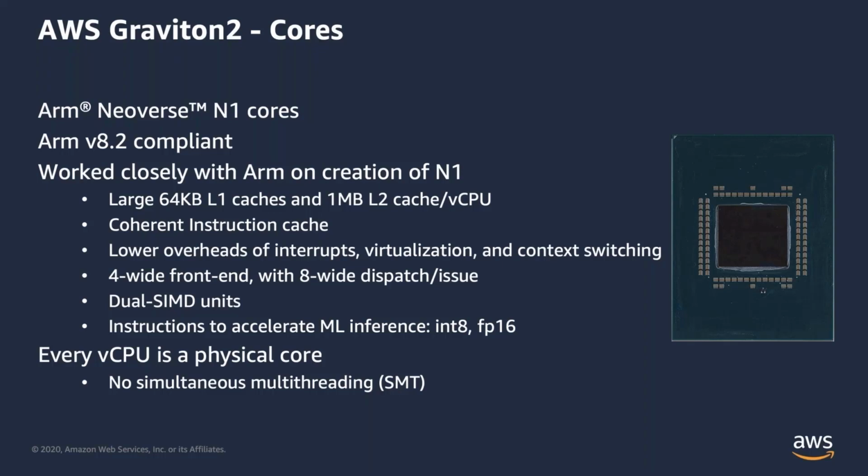On the Graviton2 processor, every vCPU is a physical core, which means that we do not implement simultaneous multi-threading. So all the data on a core is not shared with any other virtual thread, which is a good thing from a security standpoint.